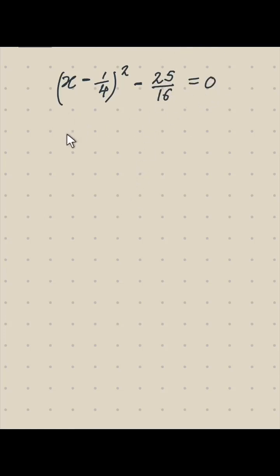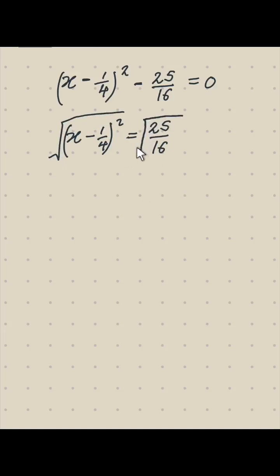So you are going to have x minus 1 over 4 squared. Then this taken to this side, it will be positive, so it will be positive 25 over 16. Then from there, what are you going to do? You are going to just find the square root of this side, the square root of this side.